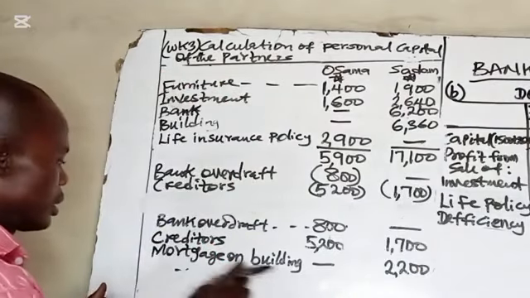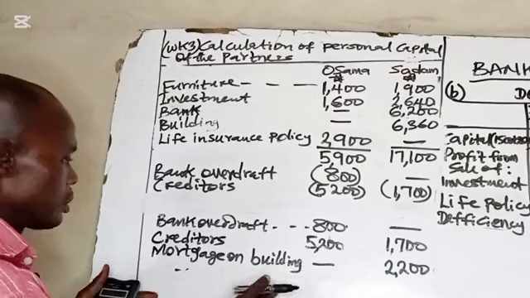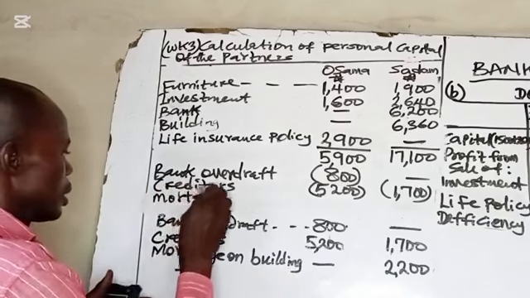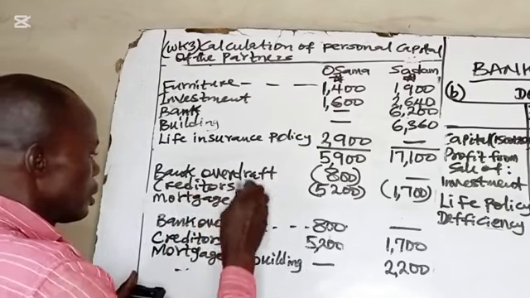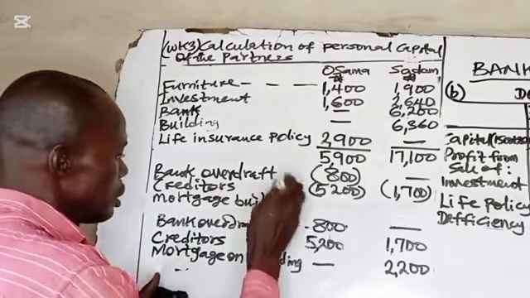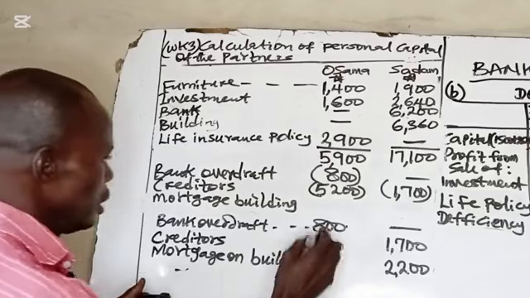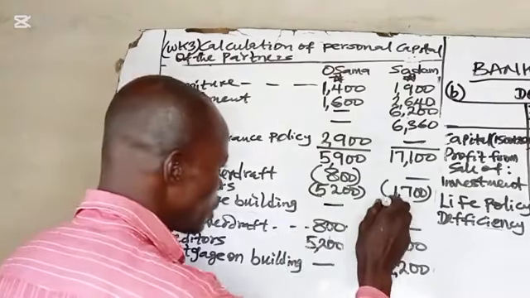Then mortgage on building. That is nil for Osama and 2,200 for Saddam.